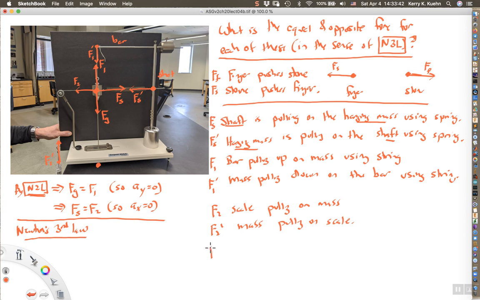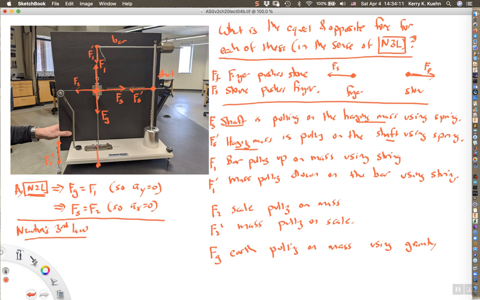So Fg would be the Earth pulling on the mass using gravity as the medium of communicating this force, in a similar way that the shaft was pulling on the mass using the spring as a medium. And so what's the equal and opposite force?